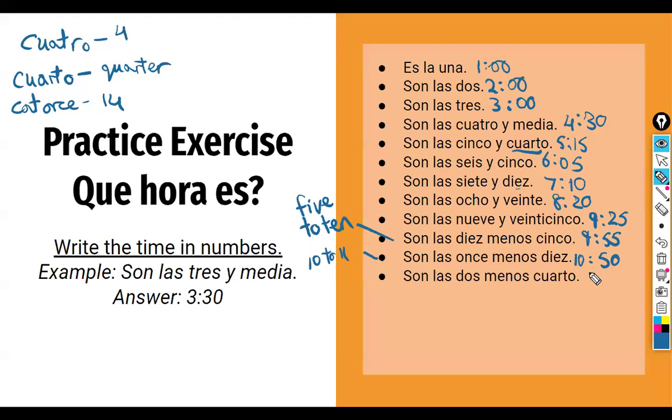Son las 2 menos cuarto. If you're having trouble with the minus, we'll translate it literally to see what the answer is. You would say 2 minus means less, and cuarto is quarter, right? So it's 2 less a quarter, which means it is quarter to 2. Or we could also say 1:45, right?